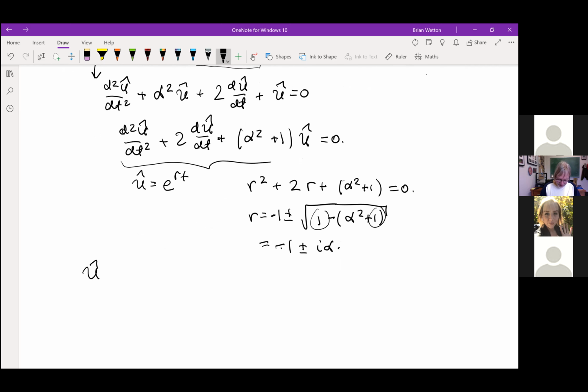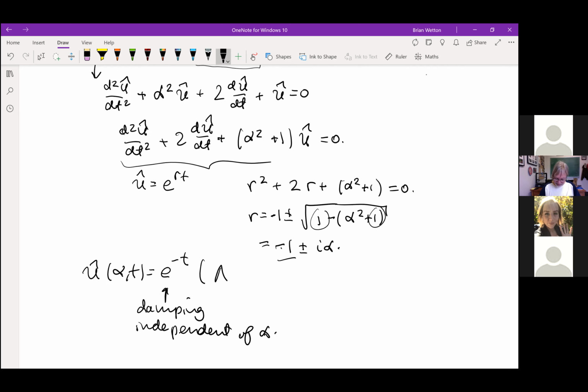Okay, and so my solution then, there's an e to the minus t, so I have some exponential decay, I'll call it damping, that's independent of alpha, times the same kind of wave equation behavior we had before, which I could write in complex form.